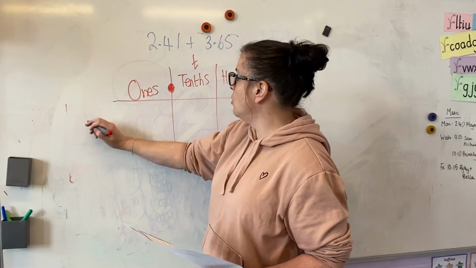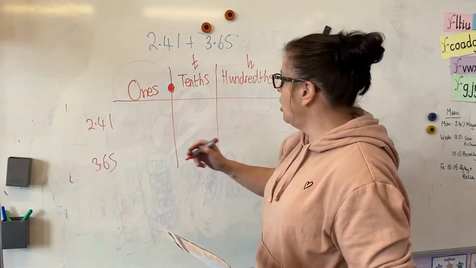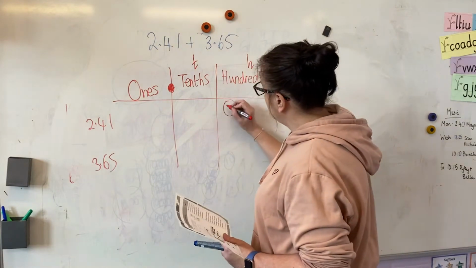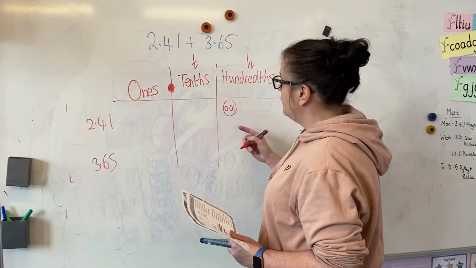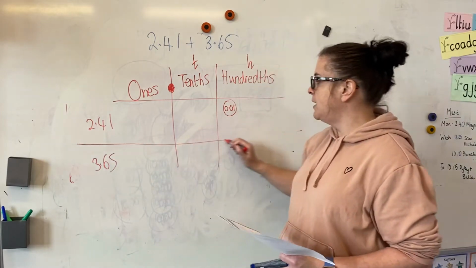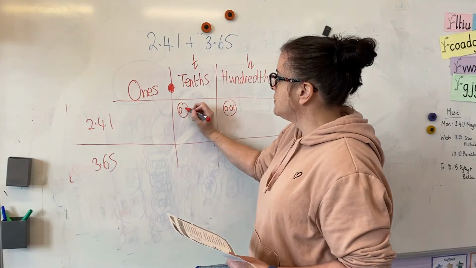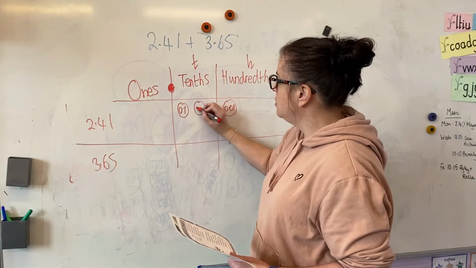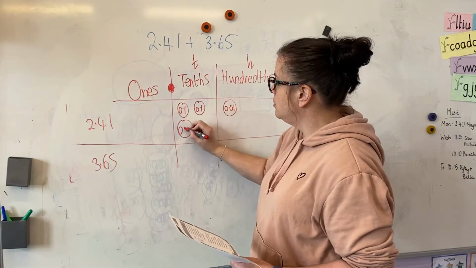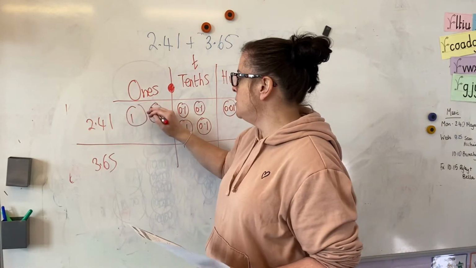So what have I got? 2.41, 3.65. I've got 1/100th. What does that look like? It looks like that. This is where we can really see the children's understanding of that place value knowledge. How many tenths have I got? I've got 4. 4/10. 1, 2, 3, 4. 2 ones. Again, ones. We know the ones.